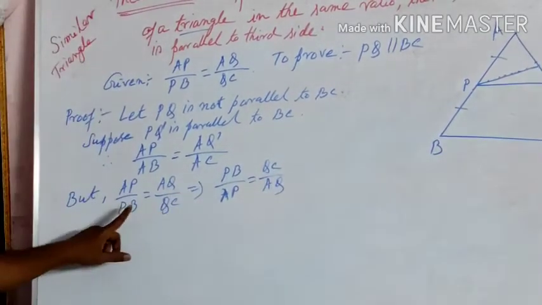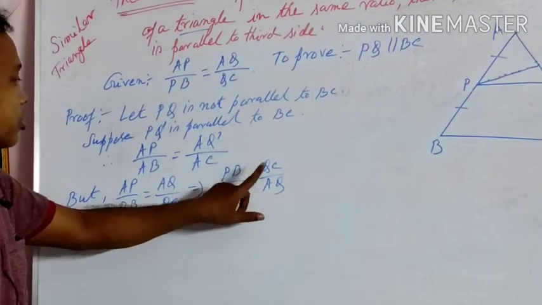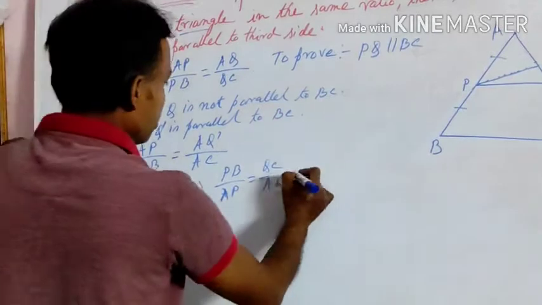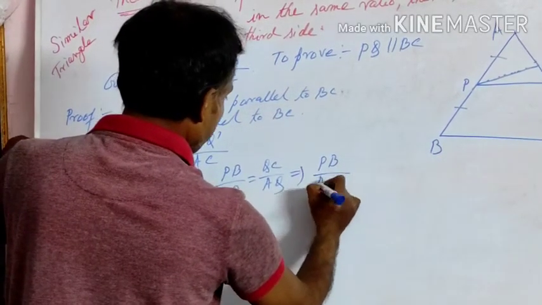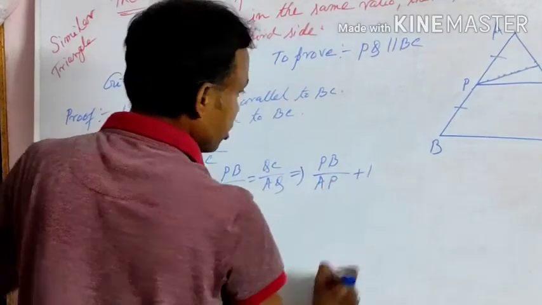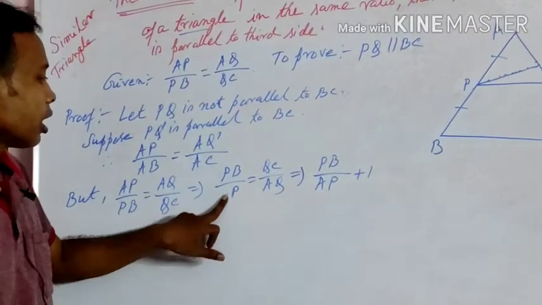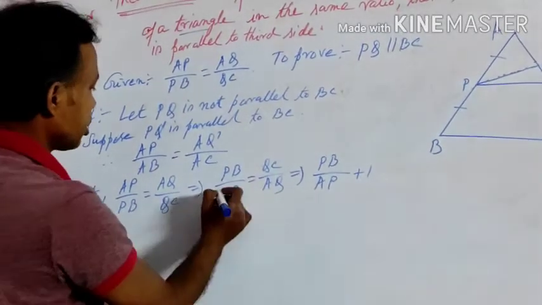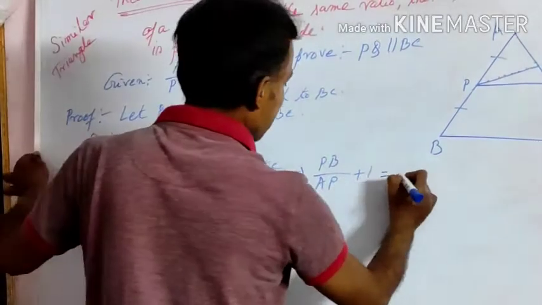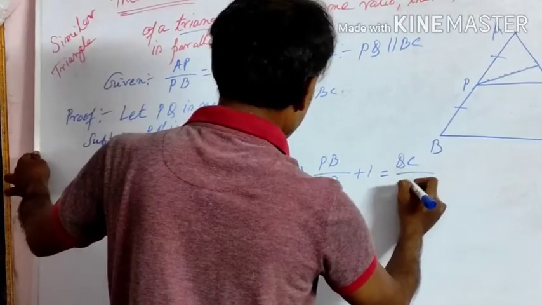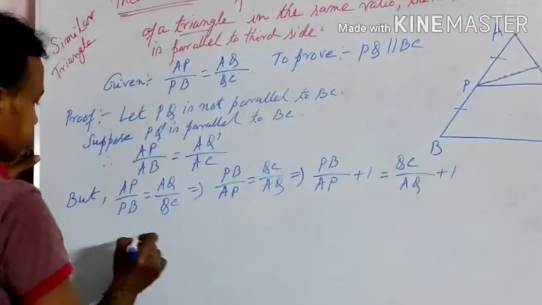Adding 1 to both sides: this side add 1 and this side also add 1. PB by AP plus 1 is equal to QC by AQ plus 1.